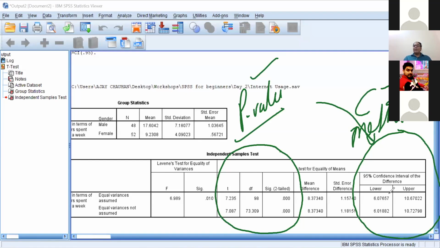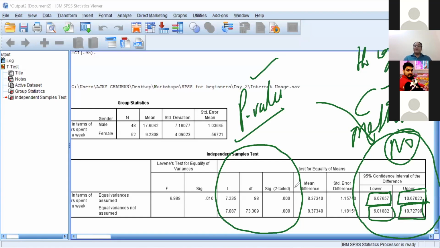Okay, so tell me, will 0 lie between this and this? क्या 0 6 और 10 के बीच में आएगा? आपका आंसर है नहीं, नहीं आएगा. So null hypothesis rejected, right?